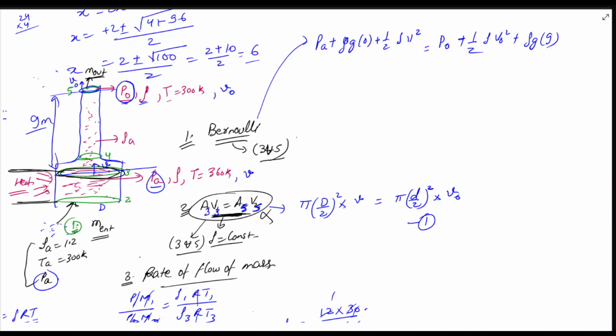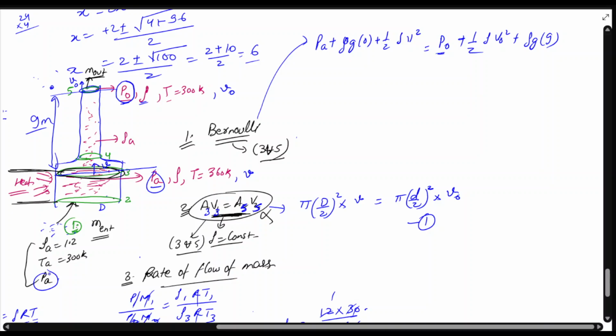Okay, so if this is the pressure of atmosphere at this point, we have to consider the density of the atmosphere as rho a, because the density of atmosphere was rho a.